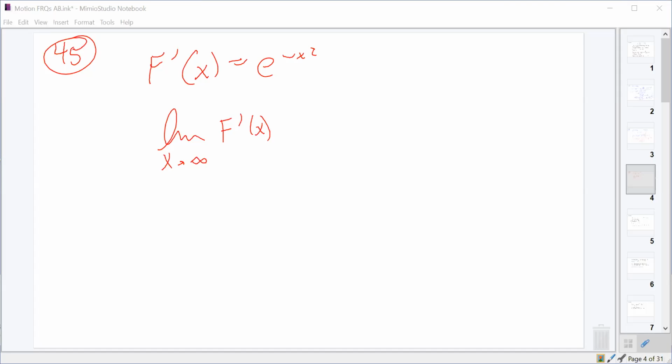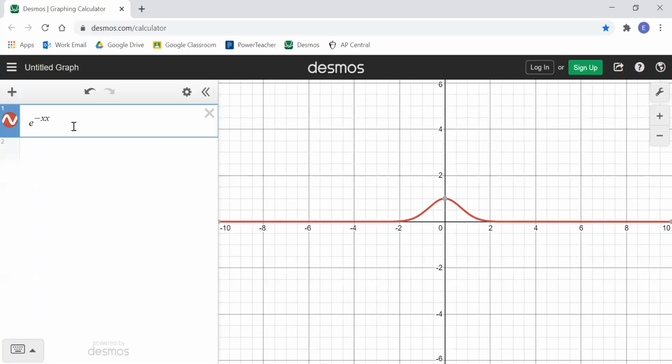Can you guys see Desmos or no? Sorry. So there's e to the negative x squared. But we've got this value that F of 0 equals 0. And I mean, that question doesn't make any sense, the limit as x approaches infinity of f prime of x.